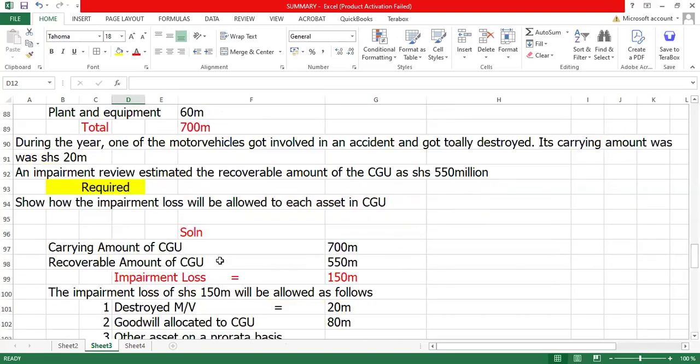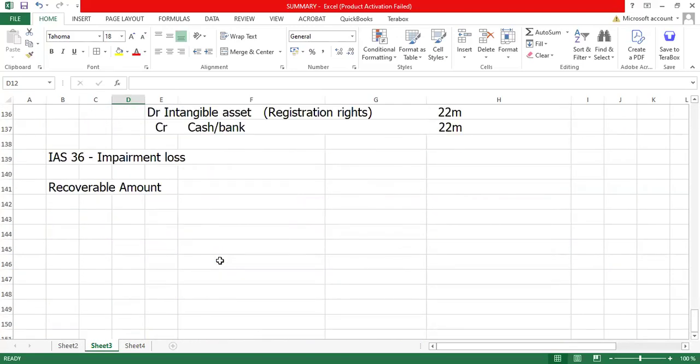So you will need the value in use. Do you have it? Then you also need the fair value less costs to sell. Do we have these two from our question? Yes, we have. What is the value in use?